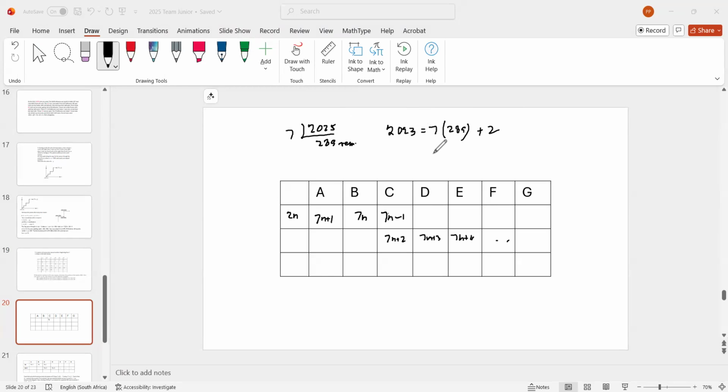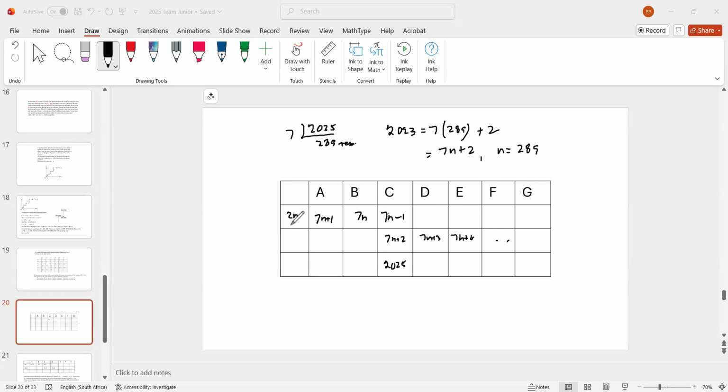Now this is of the form 7n plus 2, where n is 289. And I can see a 7n plus 2 here. So this is 7 times 289 plus 2. So you got 2025 sitting inside here, and the value of n is 289.